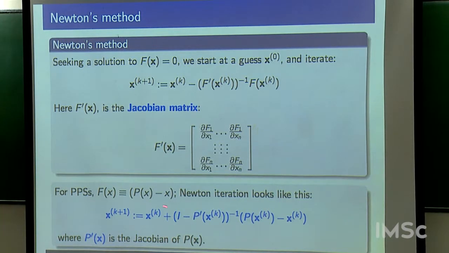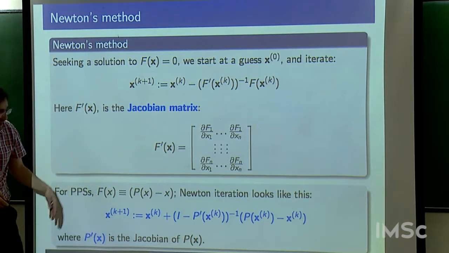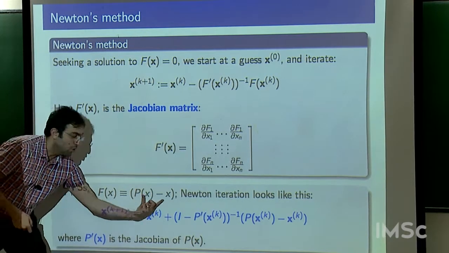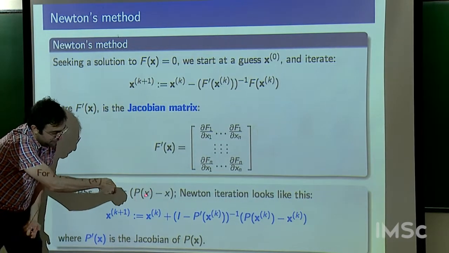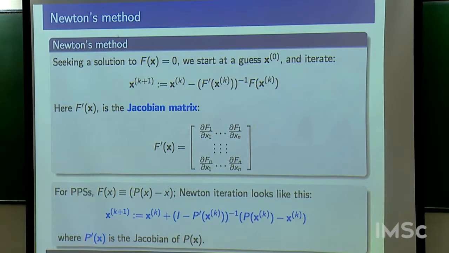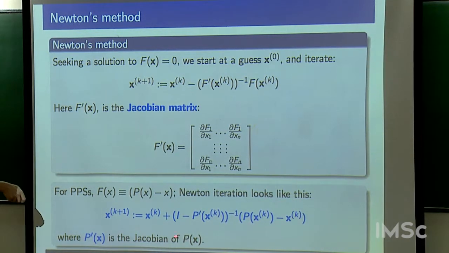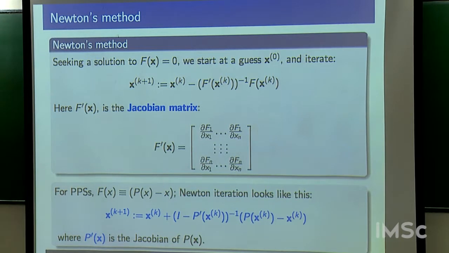Okay. So, in our setting, the Newton iteration looks like this. Basically, I'm just rewriting things because what we're going to need is to compute a zero of P(x) minus x, and then if we write it out explicitly, it's going to end up looking like that, where P'(x) is just the Jacobian matrix of partial derivatives of the polynomials on the right-hand side of our monotone polynomial systems of equations, right?